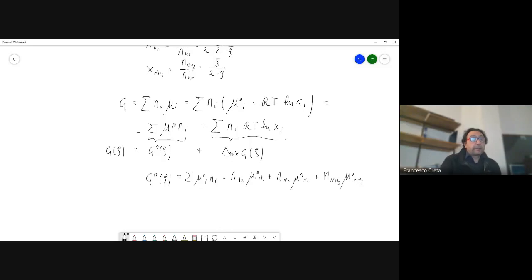And that's what we call the standard state Gibbs energy of unmixed components.